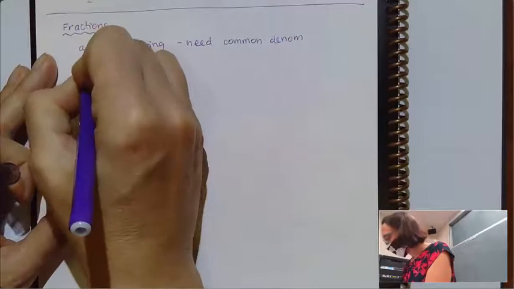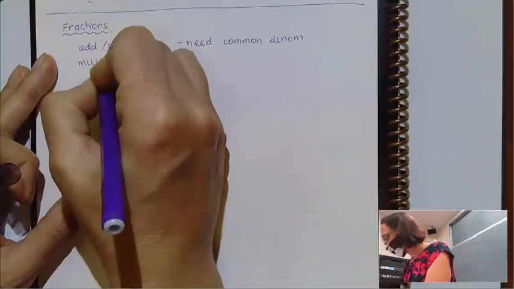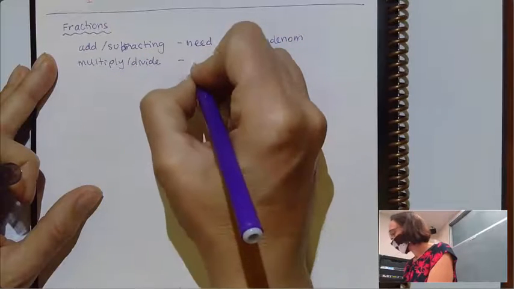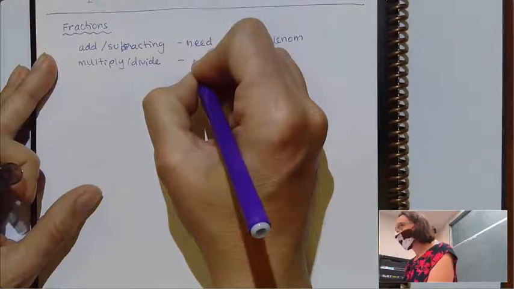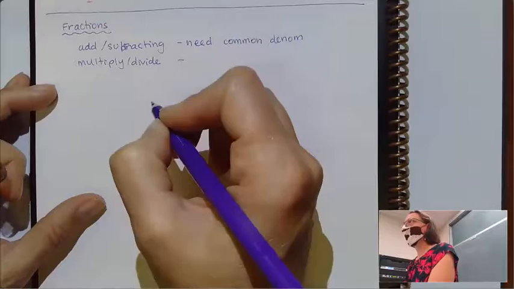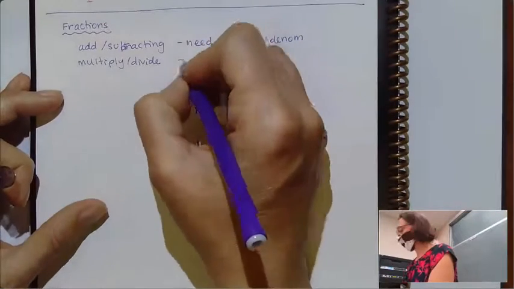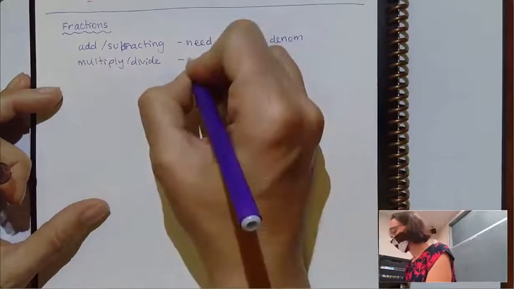If we multiply or divide, in general, we should look for factors that cancel out to give us 1. So we should think about reducing to lowest terms.